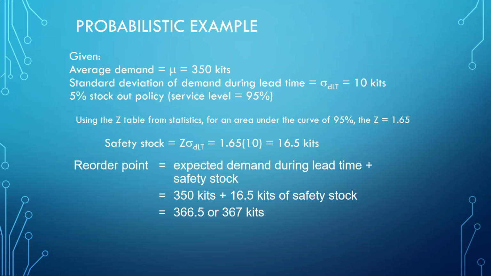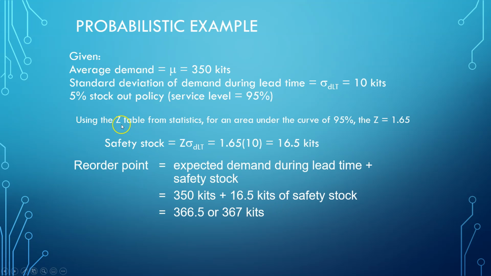The following example shows exactly how that works. If the average demand mu is equal to 350, that's the mean. The standard deviation of the demand during lead time is delta DLT, which is 10 kits, and with a 5% stockout policy or 95% service level required, we use the Z table.